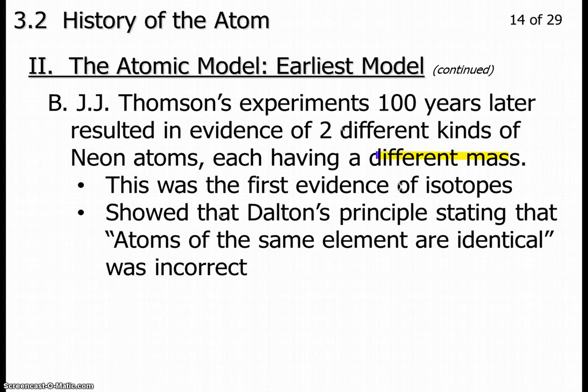He knew that they were both neon because they had the same number of protons and the same number of electrons, however they had different masses. And so this was the first evidence that isotopes existed. And this showed that Dalton's principle stating that atoms of the same element are identical is simply not true. They may have the same protons, and they may have the same number of electrons. However, we know now isotopes mean that there can be different atoms with different masses.